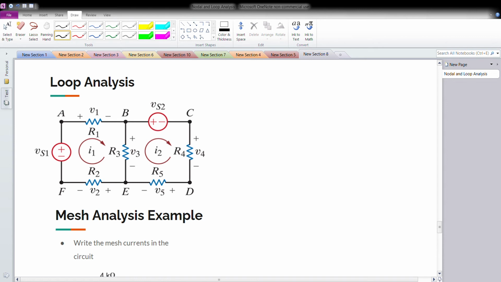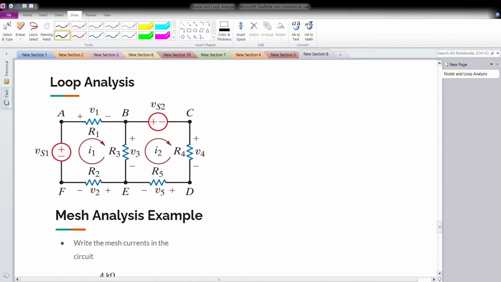And remember, when I was explaining KVL, I said it applies to loops. Same thing here. Loop analysis uses KVL to solve for unknown variables, whereas nodal analysis uses KCL. KCL and nodal deal with nodes, and you're solving for nodal voltages. KVL and loop analysis deal with loops, and you're trying to solve for loop currents.